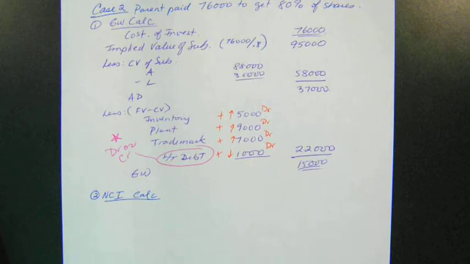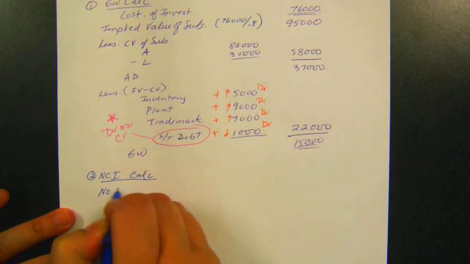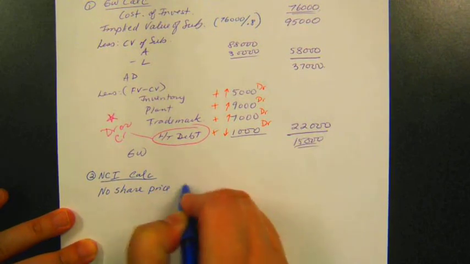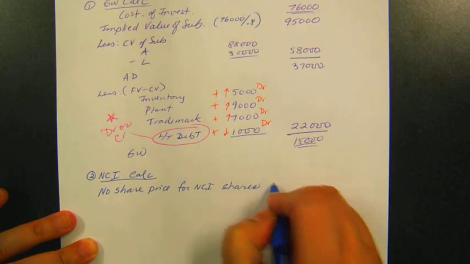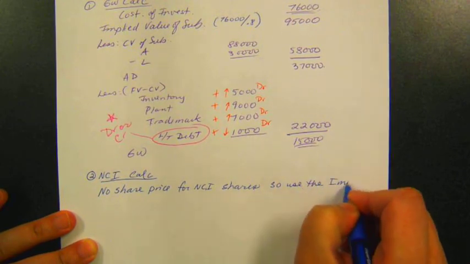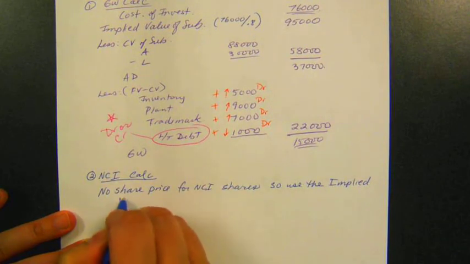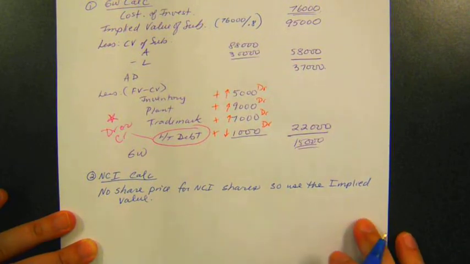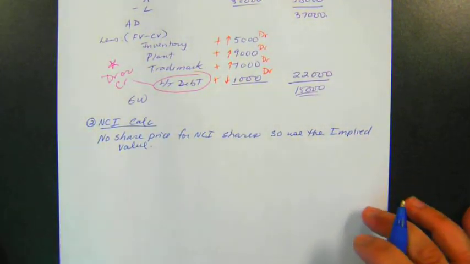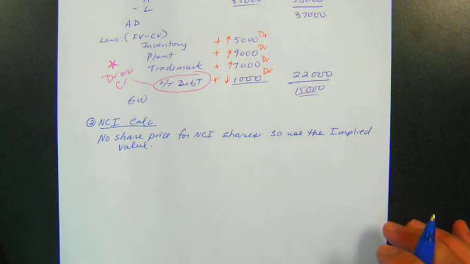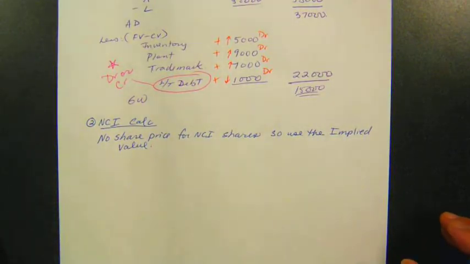Do we have a share price in this one? No. So, no share price for NCI shares, so use the implied value, as opposed to the fair value of the net assets, or even the share price.